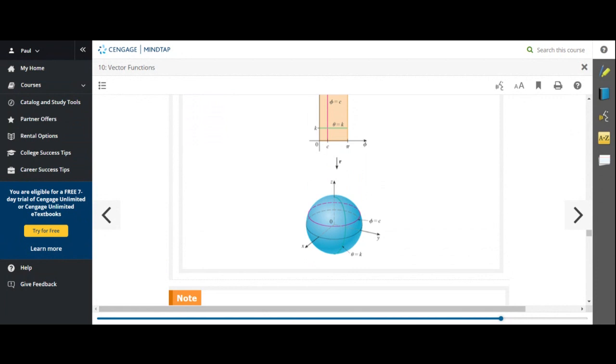On the other hand, theta equals k. If you hold theta constant and let phi vary, you're going to get just the front part. You see that blue space curve there in figure 7?